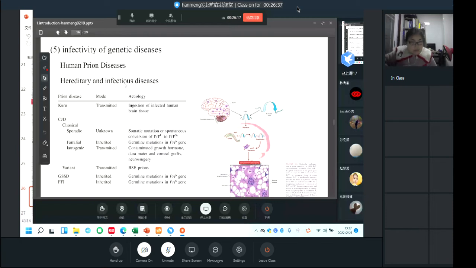Human prion disease is a spongiform encephalopathy caused by PRNP gene mutation. It has some types, for example CJD, GSS, and FFI, fatal familial insomnia.